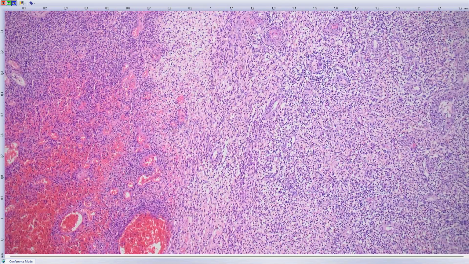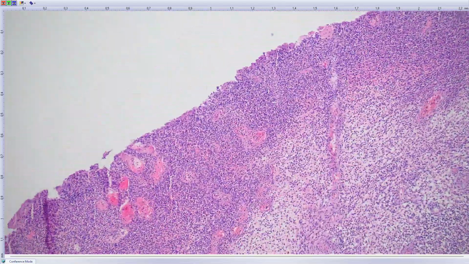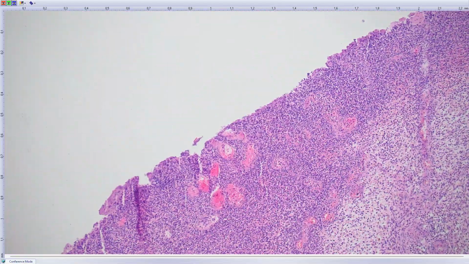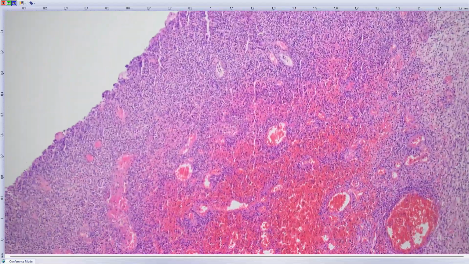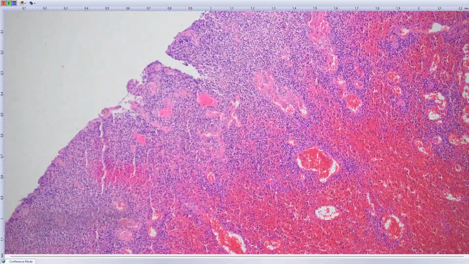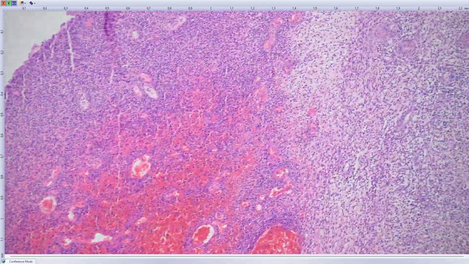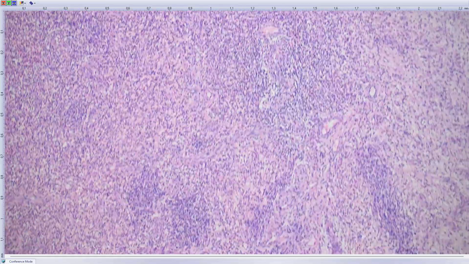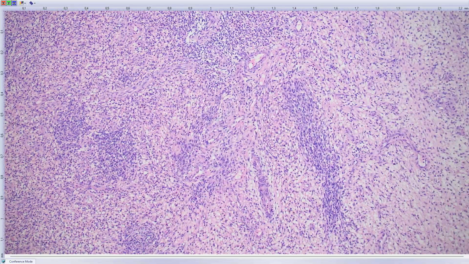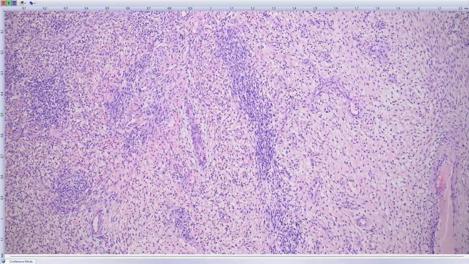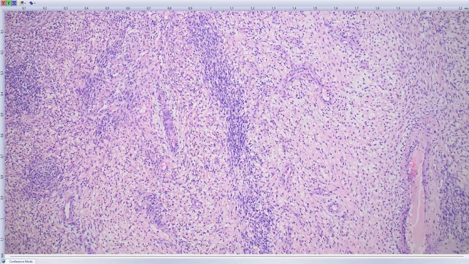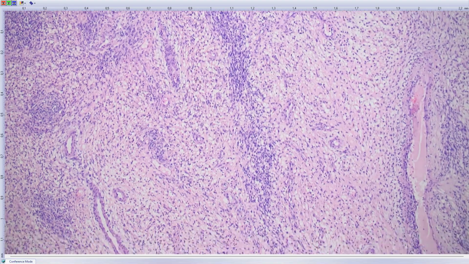So here we have the morphology of the lesion. It was ulcerated on the surface. So here is an inflammatory exudate covering the ulceration, and as we go to the deeper parts, you can appreciate these lesional cells, these spindle cells.